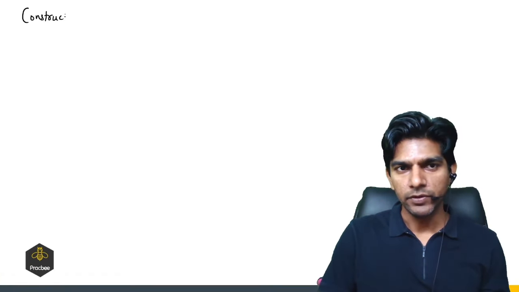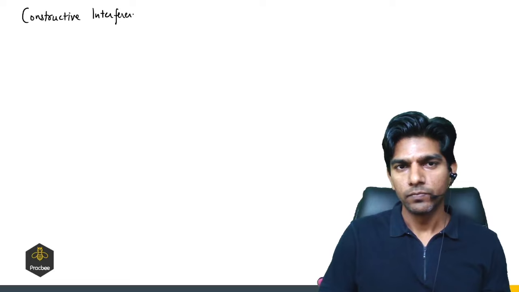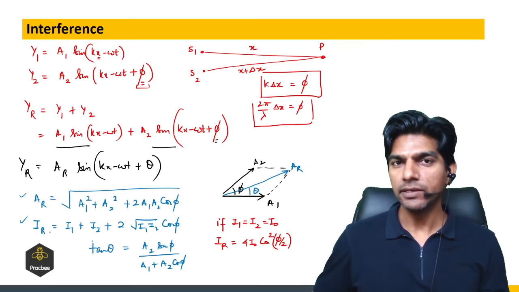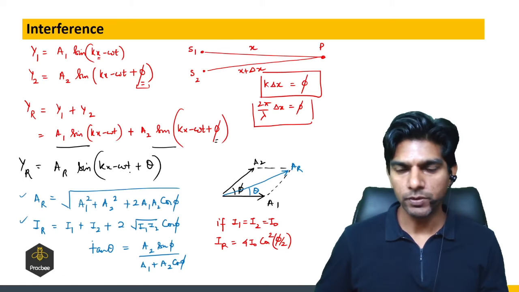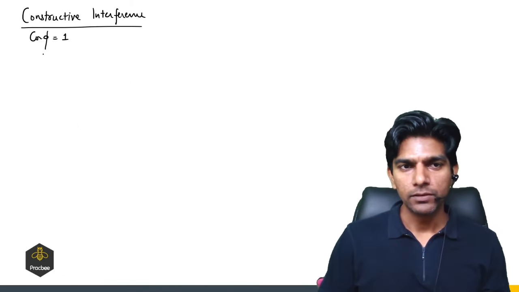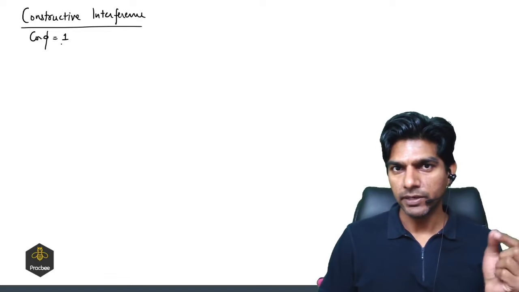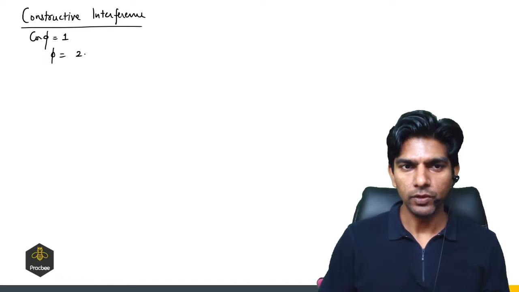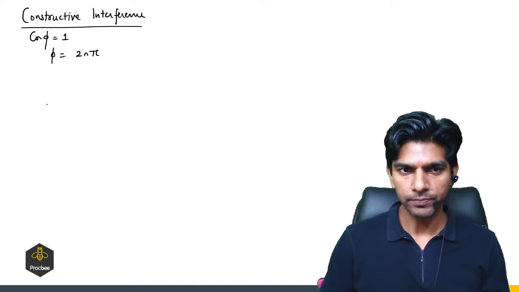So in constructive interference, intensity is maximum. To make the intensity maximum, cos phi has to be 1. So when do we have cos phi equal to 1? It will be at 0, then 2 pi, then 4 pi. So we can say phi should be equal to 2n pi, where n is an integer.